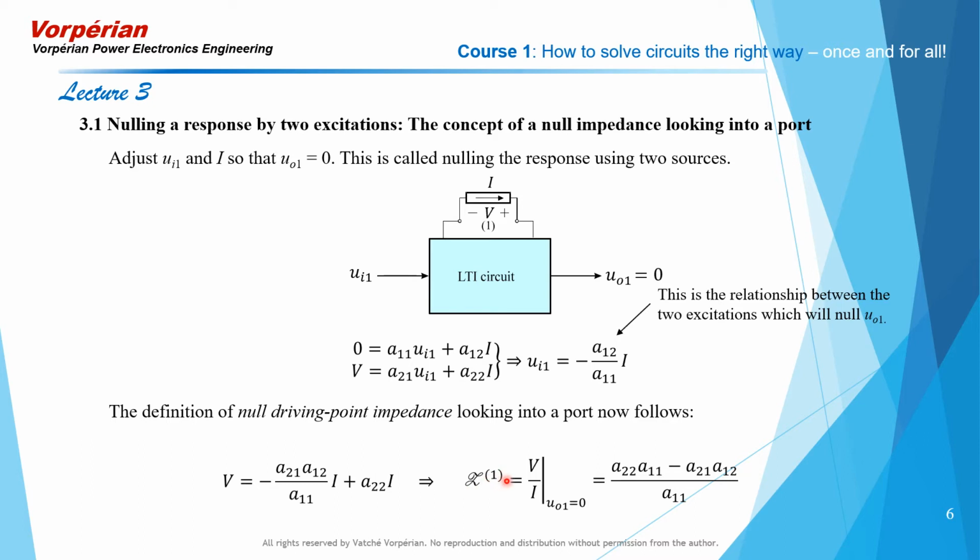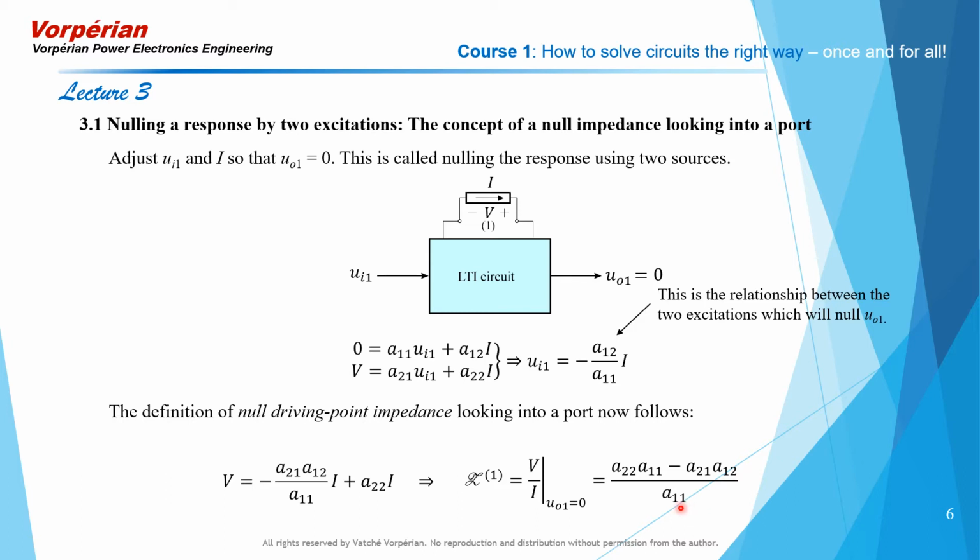The superscript represents the port where this null impedance calculation is being performed. It is the ratio of V to I when the response output 1 has been set equal to 0. You can solve that from these two equations and find that it is indeed equal to (A22 times A11 minus A21 times A12) divided by A11.